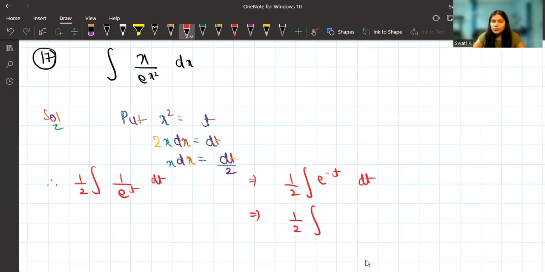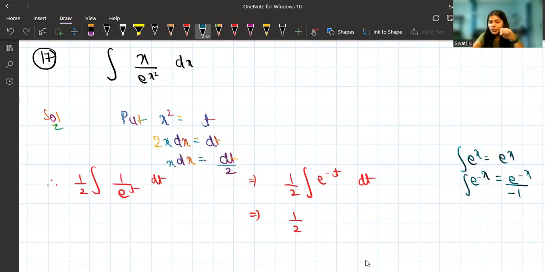I can do the integration here directly. The integration of e raised to x is e raised to x, but the integration of e raised to minus x becomes e raised to minus x upon minus 1. Whatever is the coefficient of x, you have to divide by it. So this will become e raised to minus t upon minus 1, plus the constant of integration.